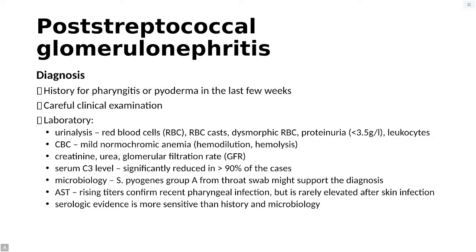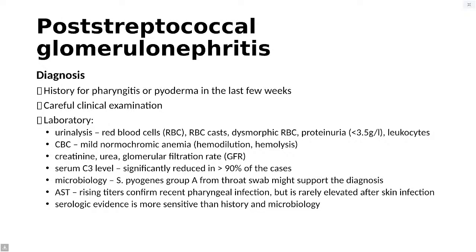How do we perform the diagnosis of post-streptococcal glomerulonephritis? The first is history. History for pharyngitis or pyoderma in the last few weeks. And the second is clinical examination and laboratory tests.